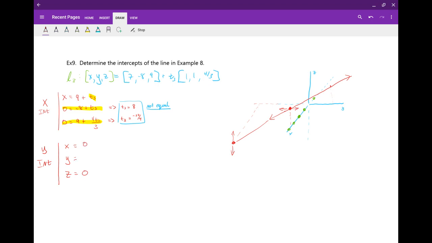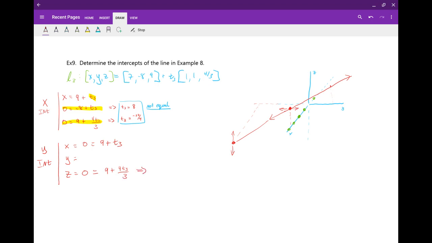And so basically I write 9 plus t3, and here I'm getting 9 plus 4 t3 over 3.